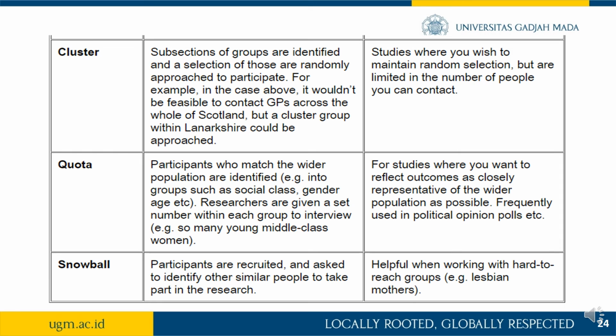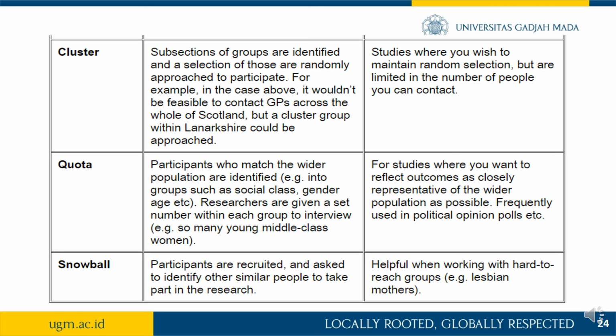For quota sampling, participants who match the wider population are identified, for example a subgroup of social class, gender, age. Researchers are given a set number within each group to interview, such as how many young middle-class women.